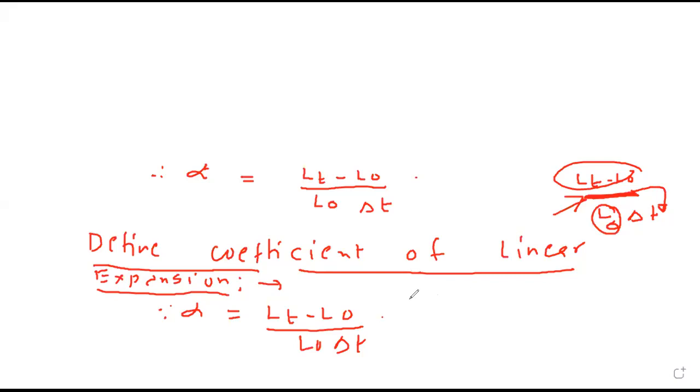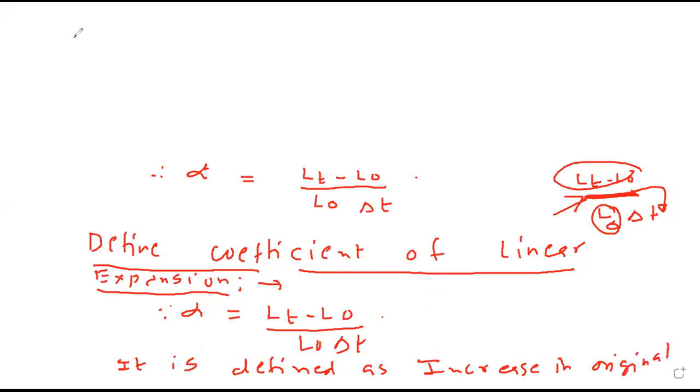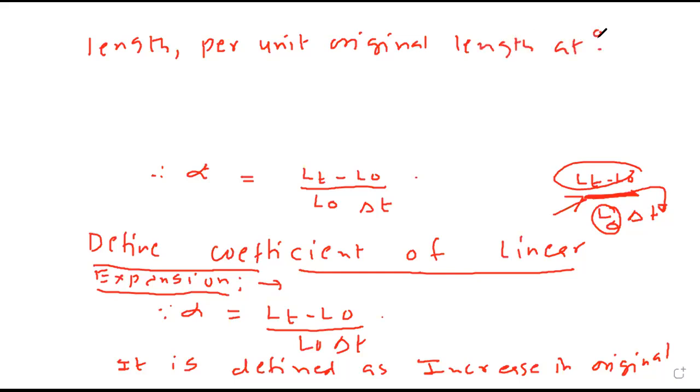Okay, clear? What is coefficient of linear expansion? So I can say it is defined as increase in original length, comma, per unit original length at 0 degree Celsius, comma, per degree rise in temperature. Please write this much.